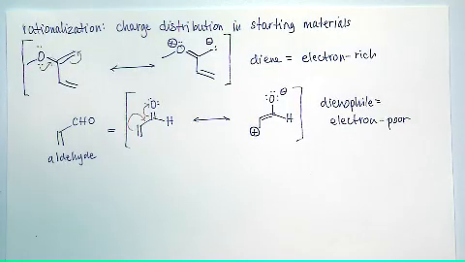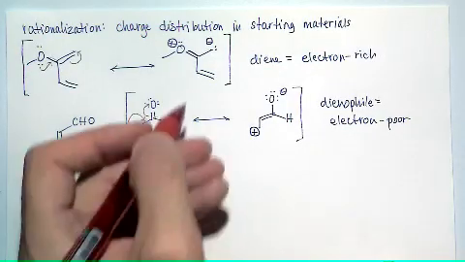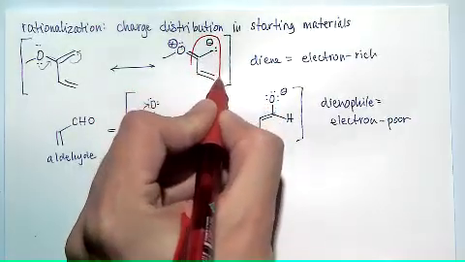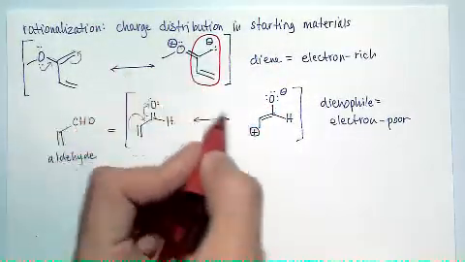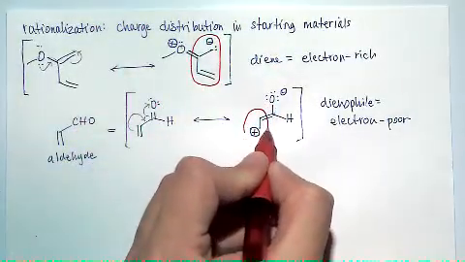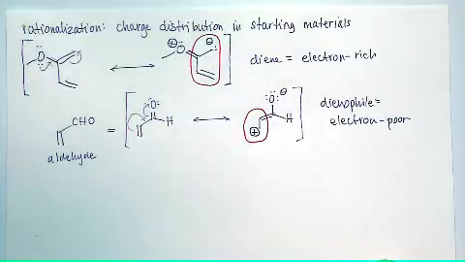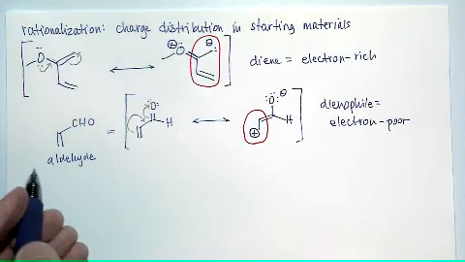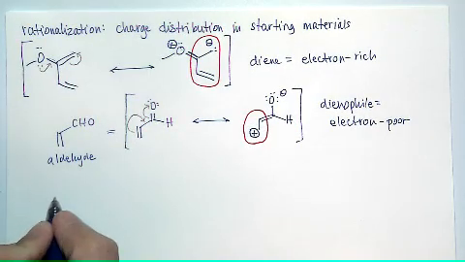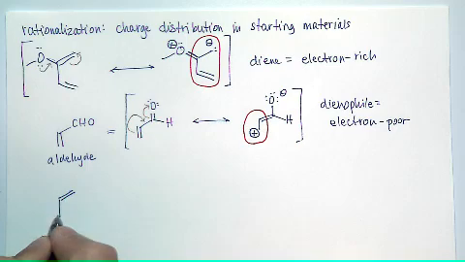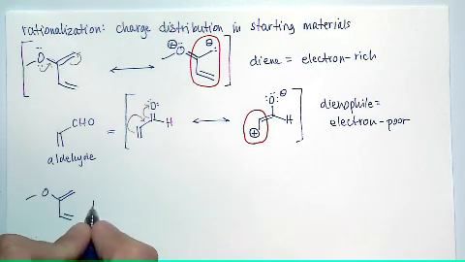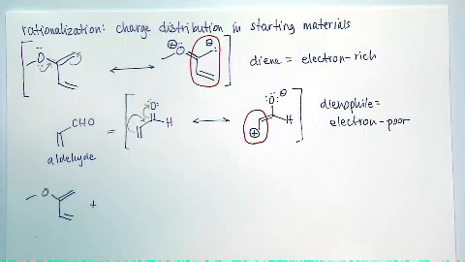And so what we're going to do is look at these resonance structures just at the part that is the critical part of the diene and the dienophile. And that will be more clear if I redraw our reaction.